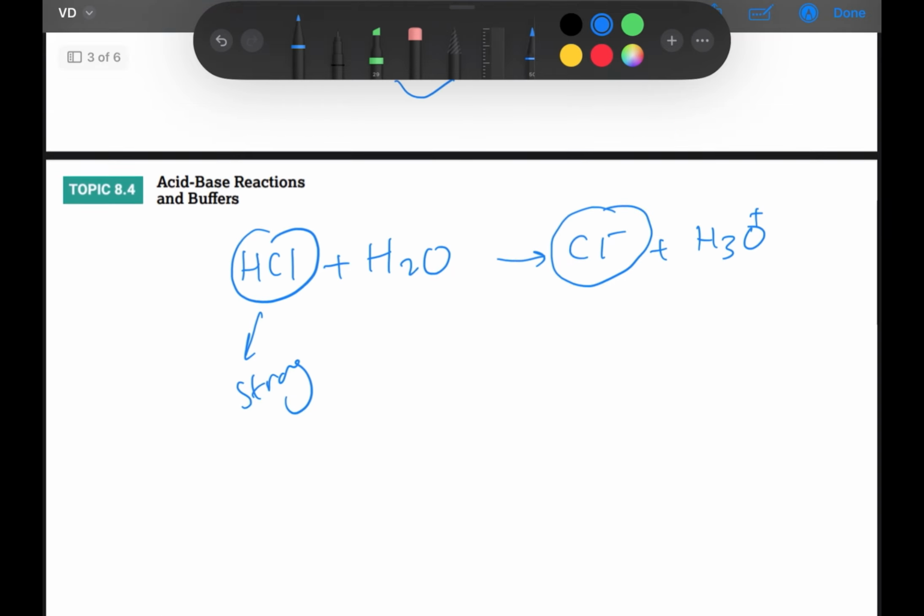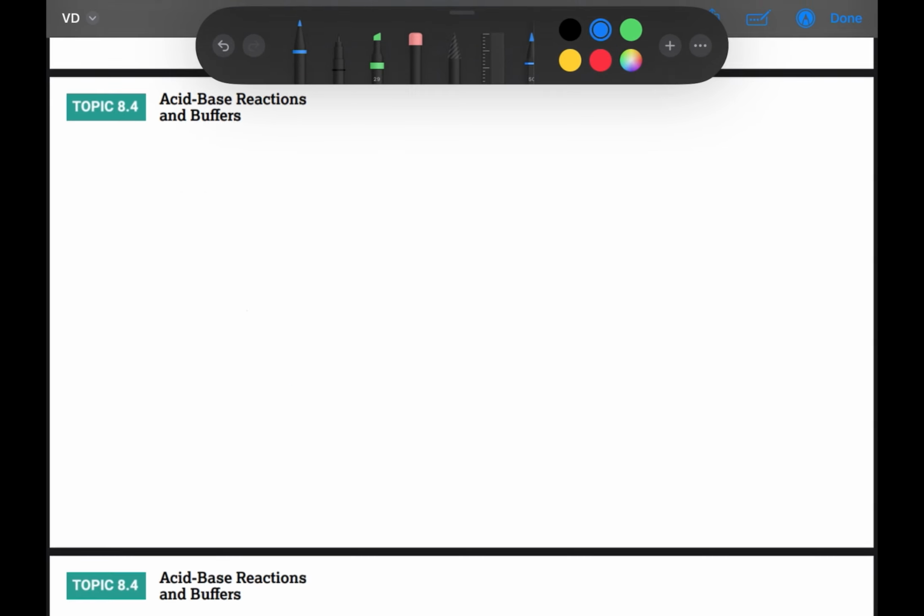So let's take an example. Let's start with the first case, in which we have a weak acid with a strong base. How can I deal with this? How can I write the net ionic equation for this reaction? We're going to start with a weak acid called hypochlorous acid, HClO.